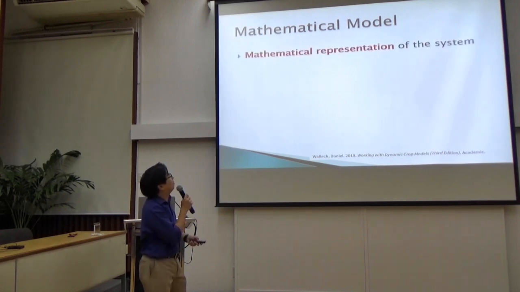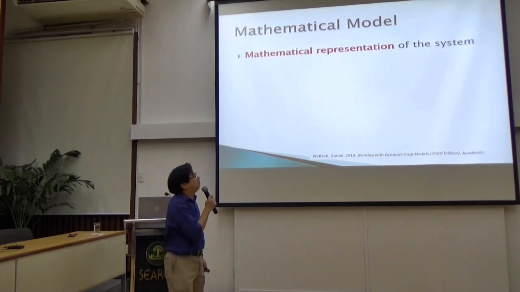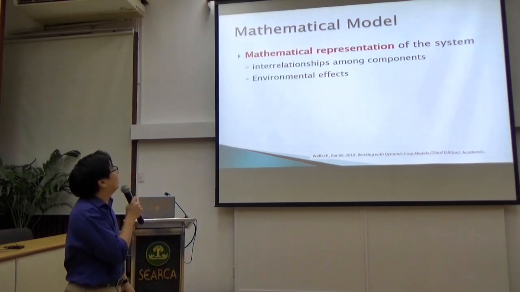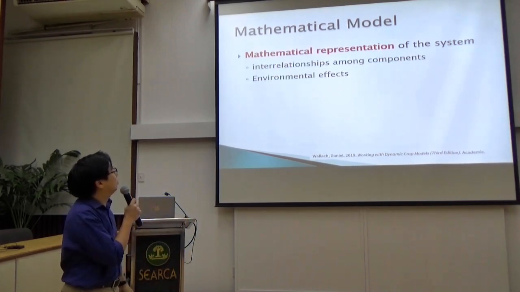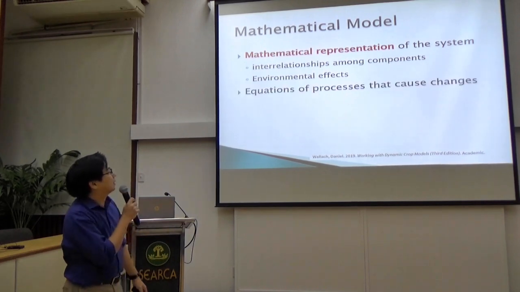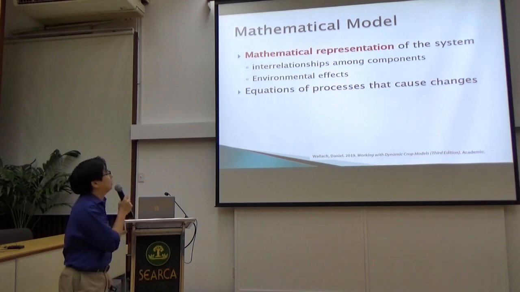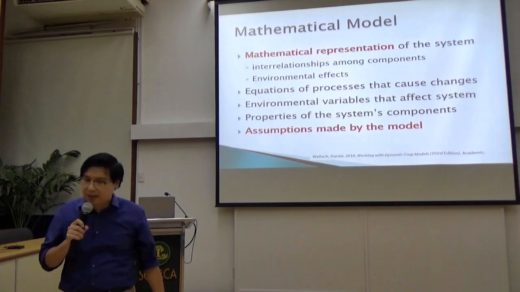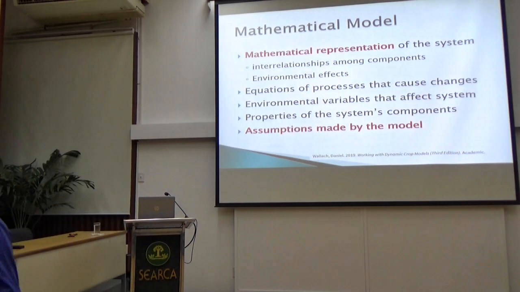And your mathematical model, mathematical representation of the system, okay, you have interrelationships among your components, the environmental effects, equations of processes that cause change. Let me just show everything here, no? And take a moment to read them para makita niyo yung whole thing.